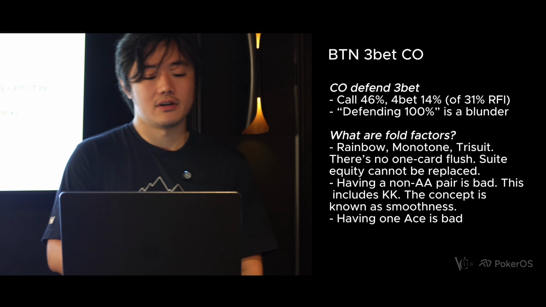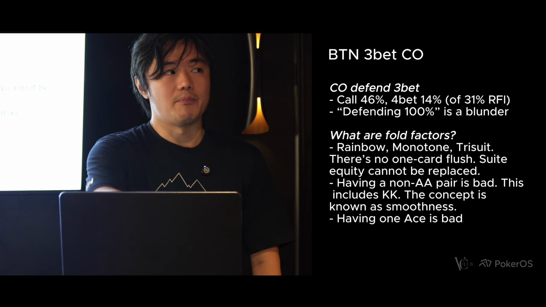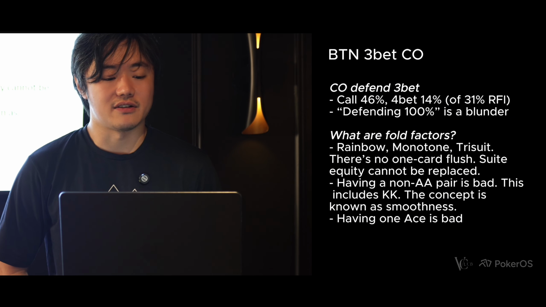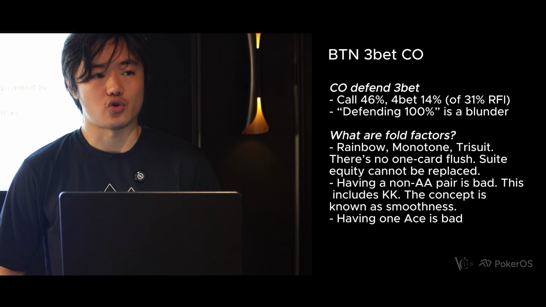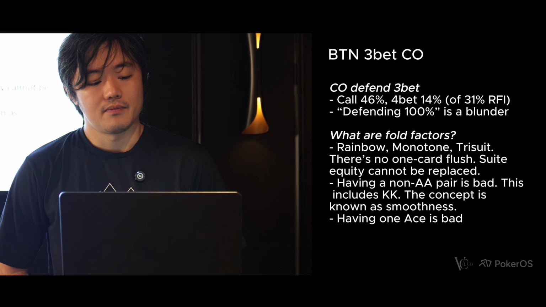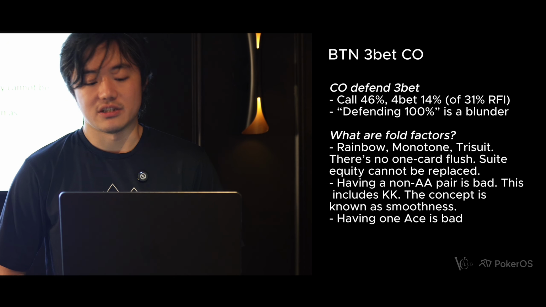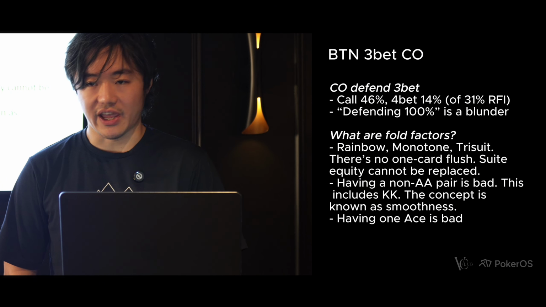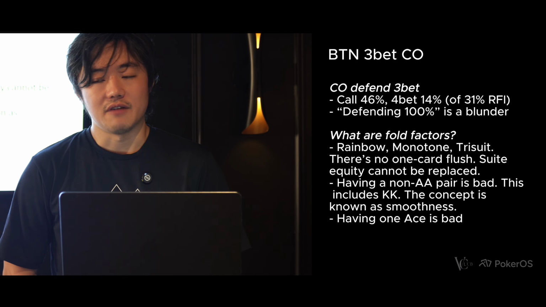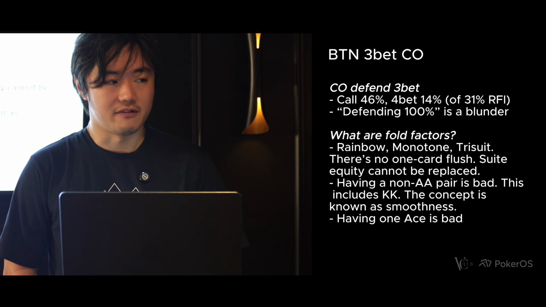So these factors are in decreasing importance. The first factor, the most important, is to get rid of your rainbow, monotone, and most of the time tri-suit. The second one is that having a non-ace pair is bad, including kings. You open-raise kings, you got 3-bet. If it's not a good kings, just get rid of it.